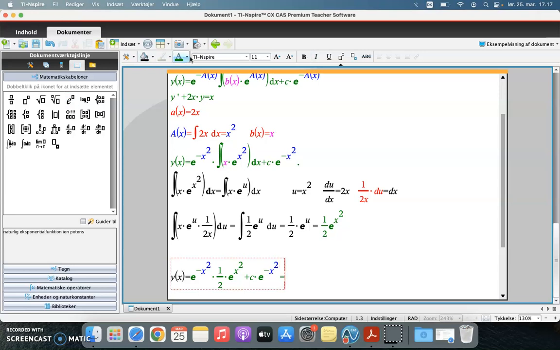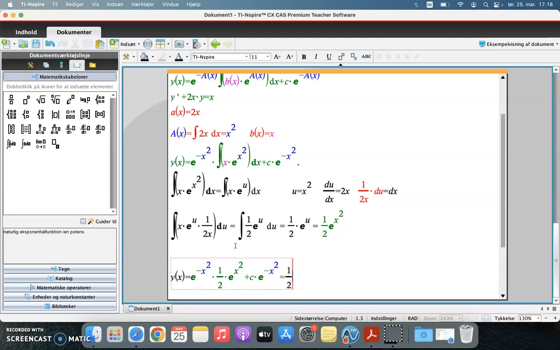So from here we could reduce a little bit. We see that e to the power of minus x squared multiplied by this gives us 1. And then we have 1 multiplied by a half gives us just a half.